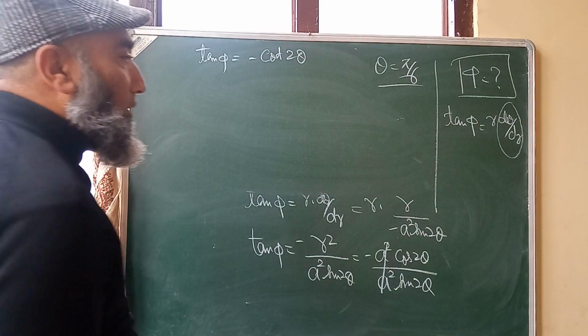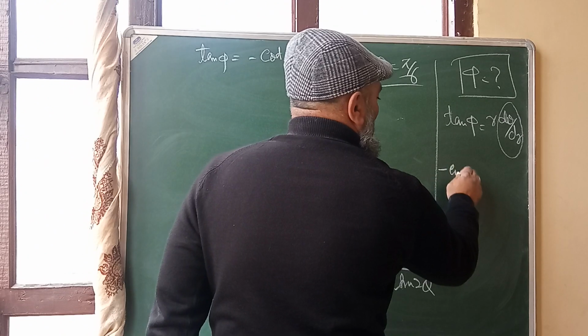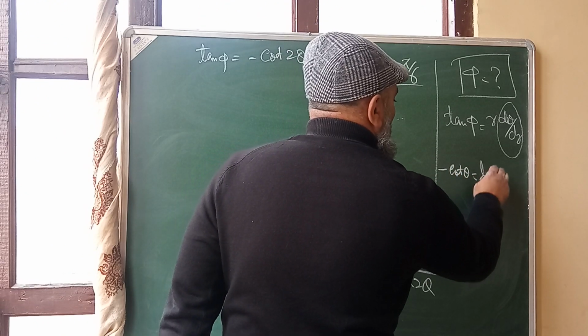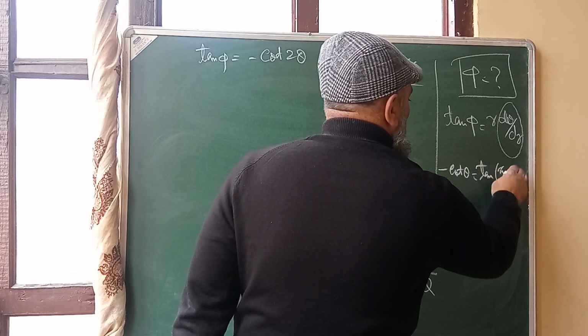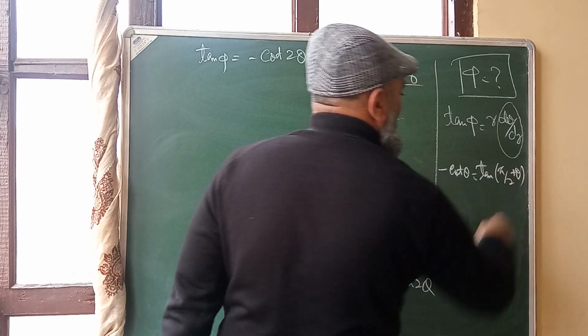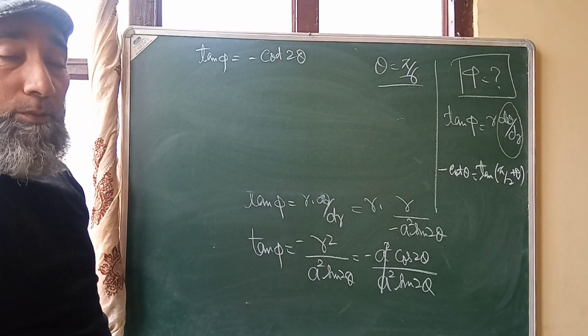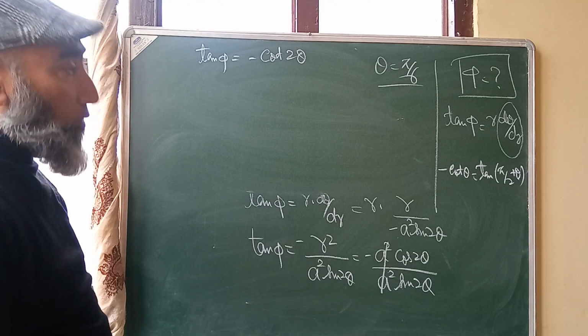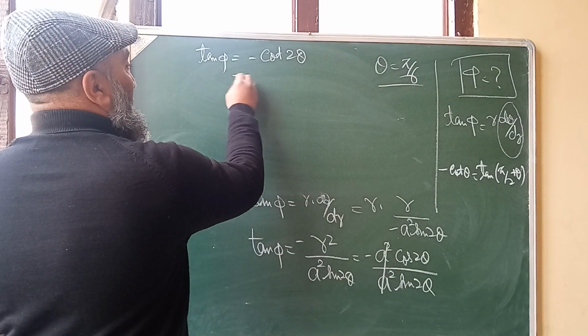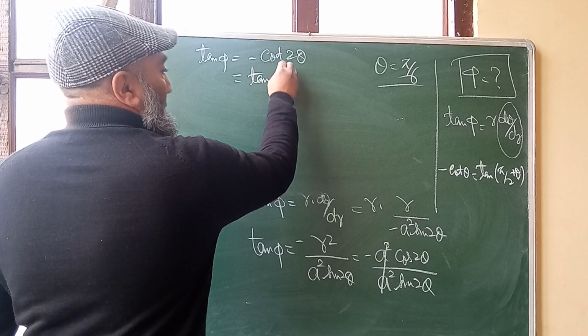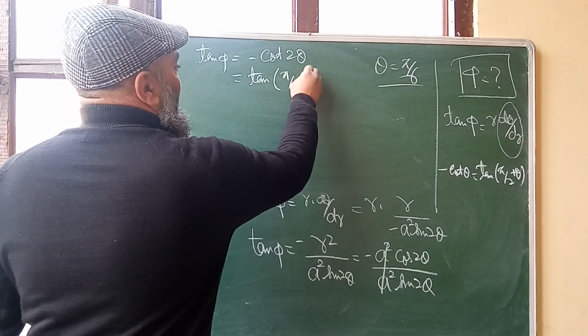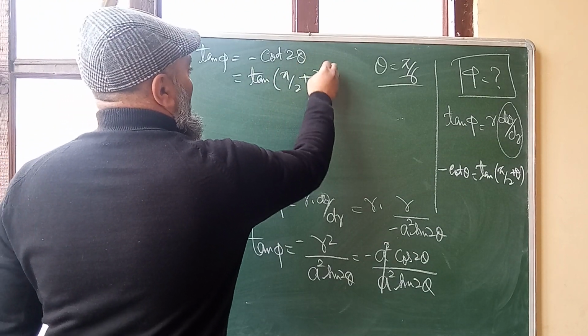And minus cot theta can be written as tan of 90 plus theta, right? Tan of 90 plus theta is minus cot, since tan of pi by 2 minus theta is cot. So minus cot is tangent of 90 plus theta. Instead of theta, you have 2 theta over here.